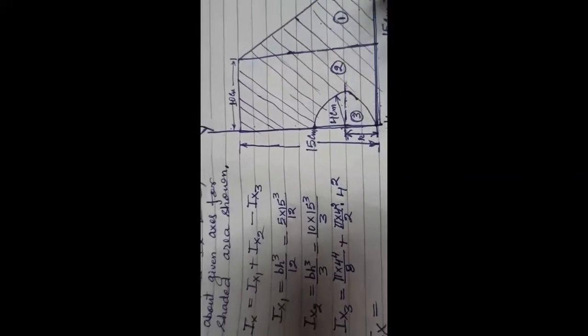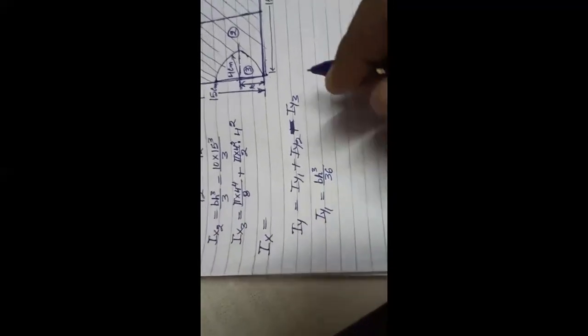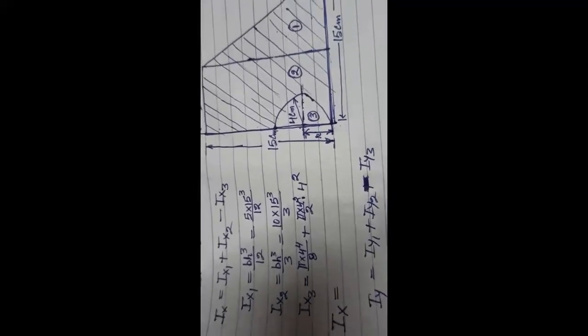So for this triangle, BH cube by 36 is the moment of inertia about the centroidal axis, plus area 1 by 2 into B into H, into the distance square. The distance square is the distance of the centroid from here up to here.